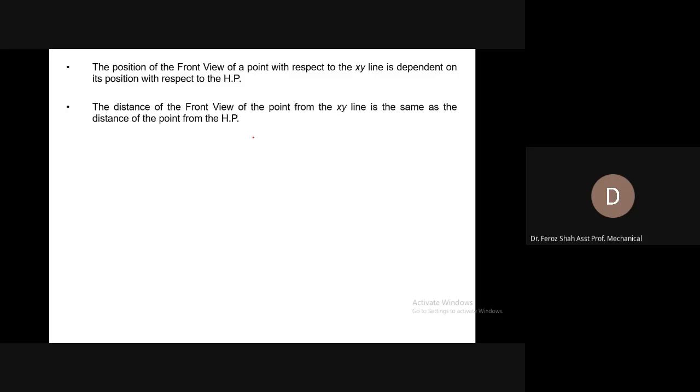If the point is 10 millimeter below the horizontal plane, its front view will also be 10 millimeter below the XY reference line. And if the point is within the horizontal plane, the front view will also be within the XY reference line. So the front view is dependent on its relative position with the horizontal plane. It has nothing to do with the vertical plane.